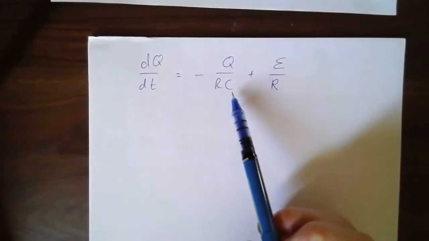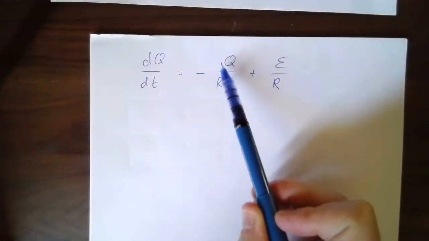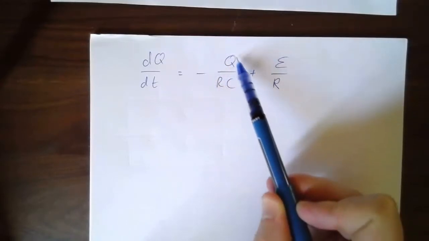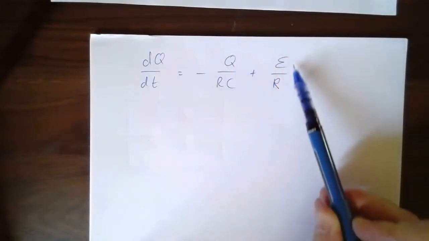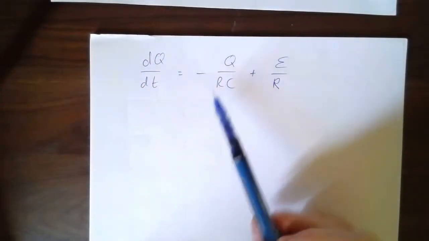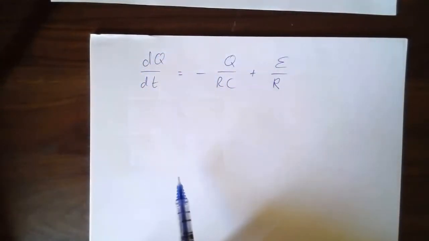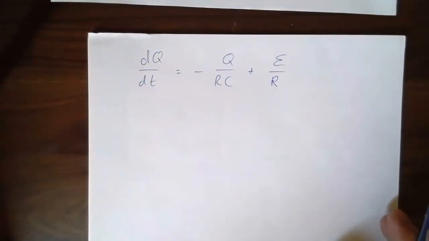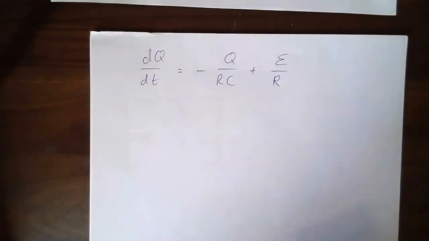Now, eventually the charge is going to get bigger, and this thing here is going to be equal to this thing here. Then the rate of change of charge is 0, and no more charge will flow. I haven't solved this equation yet, but I'm doing some checks on what's going to happen. Does it make sense?